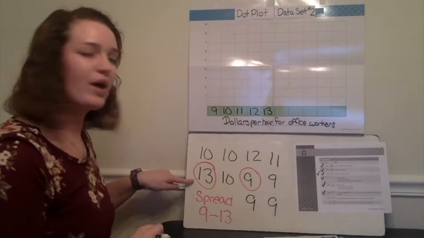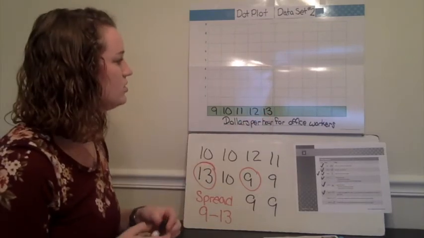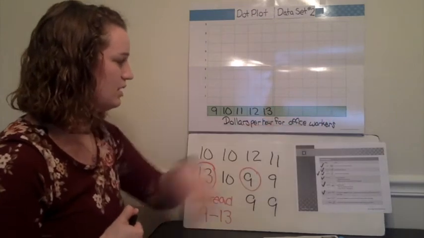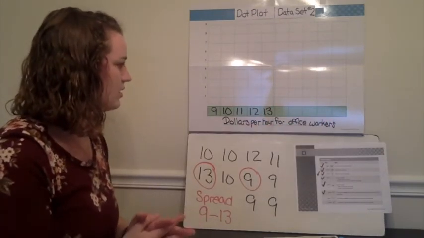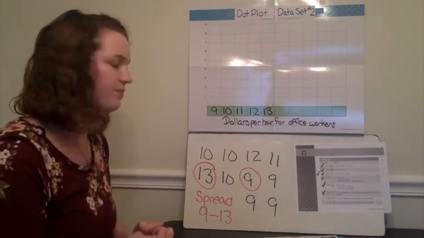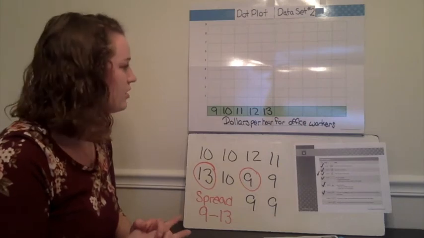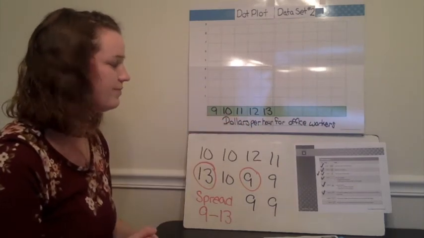It doesn't go past 13. We stop right at 13. And we're not going to use the rest of the boxes right here, okay? All right, so go ahead and do that. Yours should look just like mine. 9, 10, 11, 12, 13.